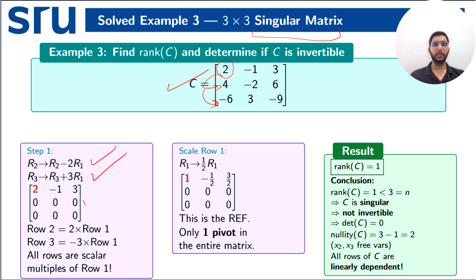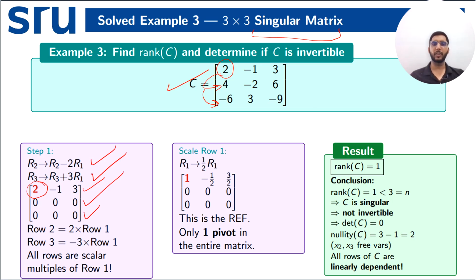So what happened actually? I got this kind of matrix, which has only the first row non-zero, and the other two rows become 0. So we have one non-zero row and two rows that are 0. This first entry can be made the pivot entry.